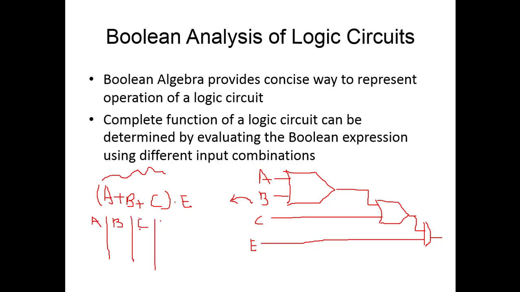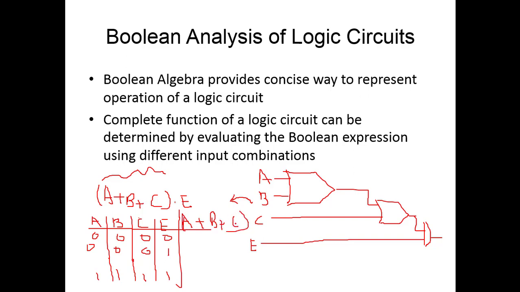So you start with 0 0 0 0, then you have 0 0 0 1 up to 1 1 1 1. You have 16 possible combinations, and for each combination you evaluate this term (A plus B plus C) times E. So this is 0, this is 0, and so on. So this is how you verify the function of a given digital circuit or given logical circuit.